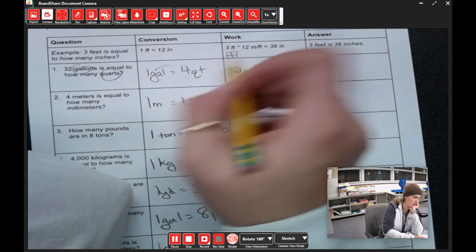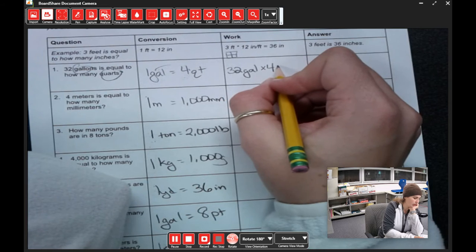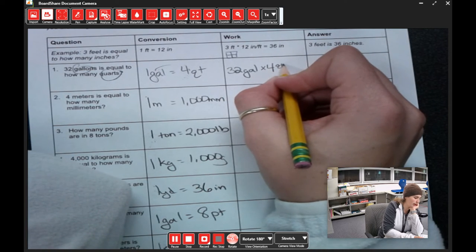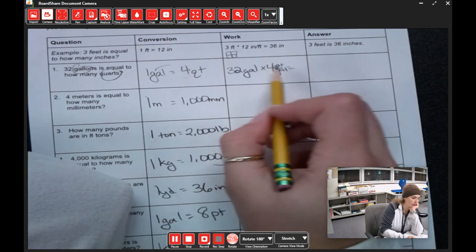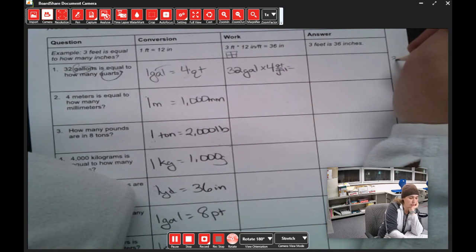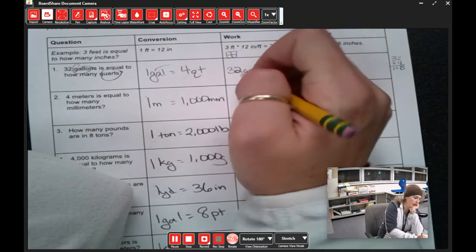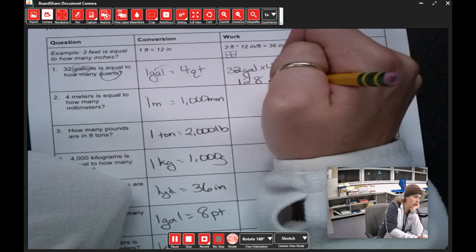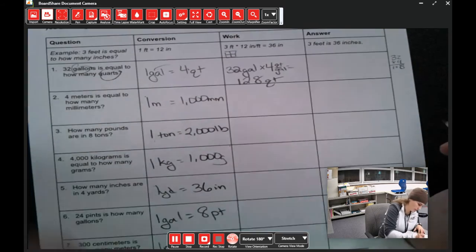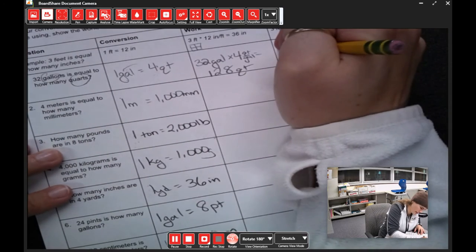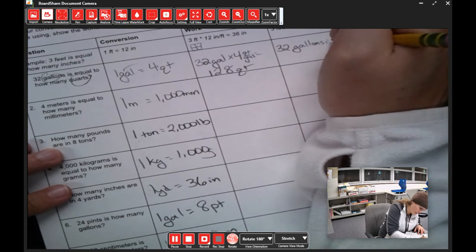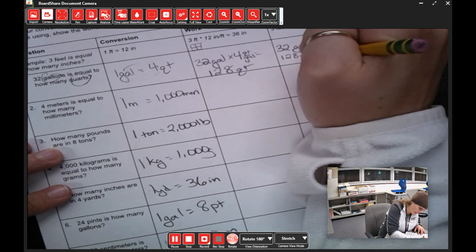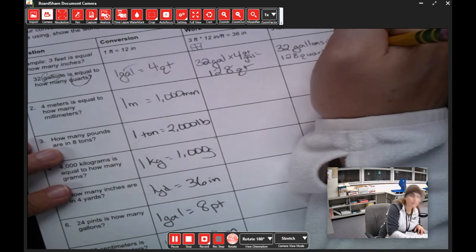I want a bigger number, so times 4 quarts per gallon is going to give me 128 quarts. So, 32 gallons is 128 quarts, period.